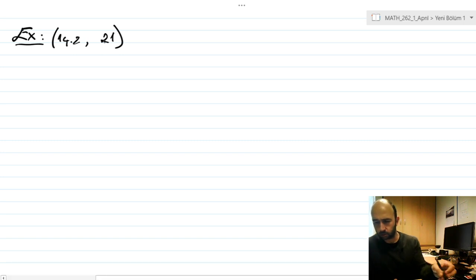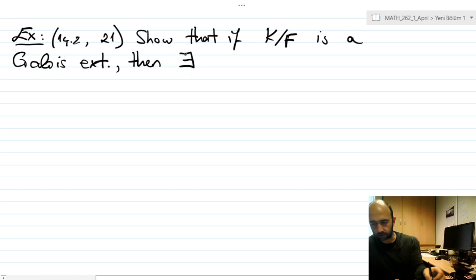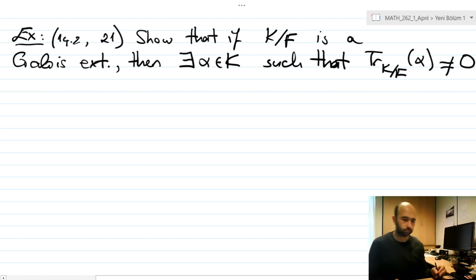Okay, so show that if K over F is a Galois extension, then there exists alpha in K such that its trace is not 0. Okay, seems like a generic condition, but how to really prove it?